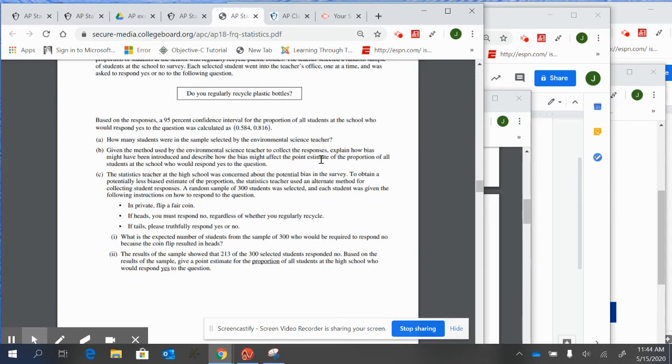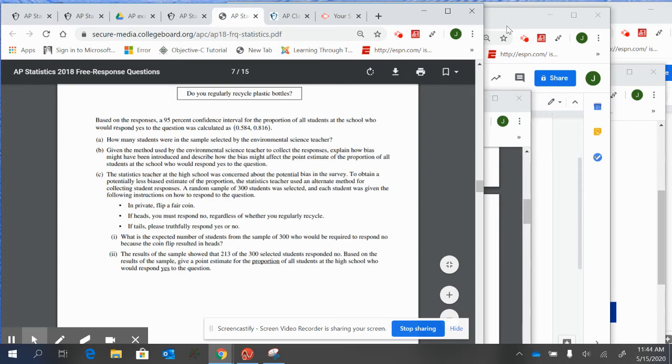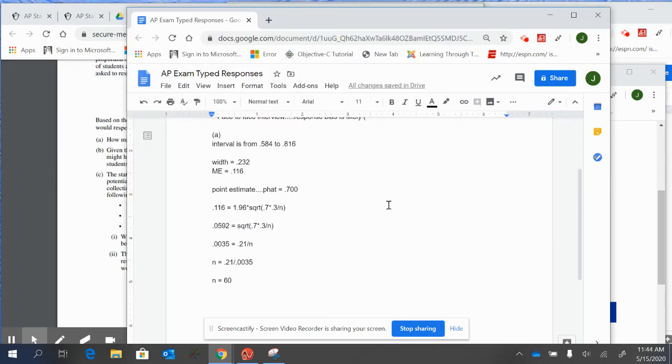Given the method used by the environmental science teacher to collect the responses, we talked about it, so that was great. That did come up. So B was response bias is high in face-to-face interviews.